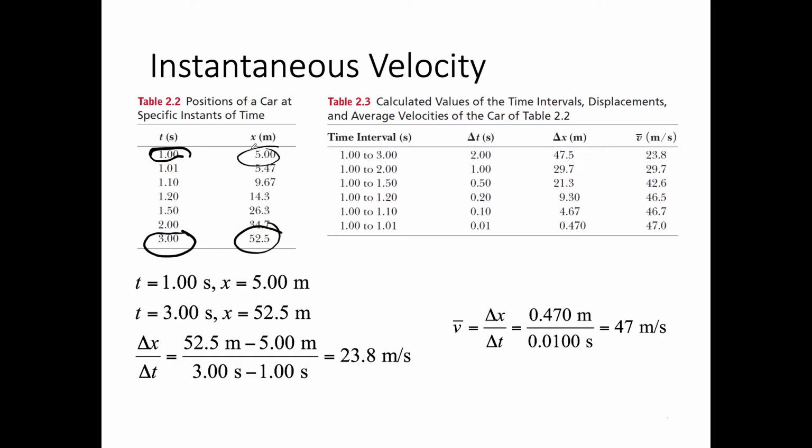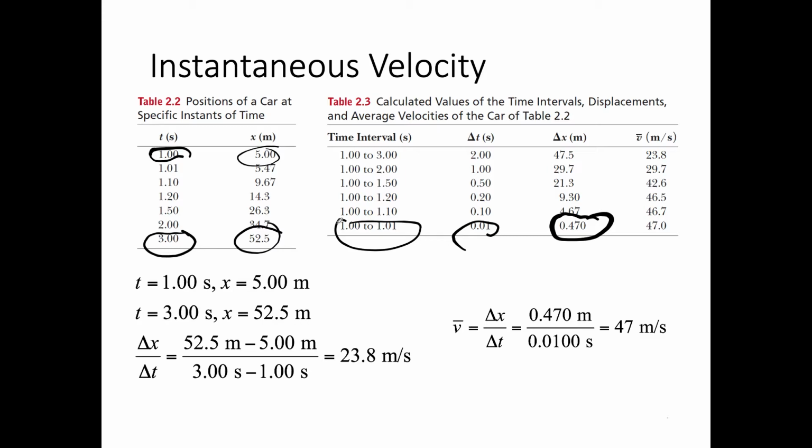For example, the time interval from 1 second to 1.01 seconds, and then we calculate the displacement for this very small time interval and find the time. So we find that at about 1 second the instantaneous velocity is close to 47 meters per second.